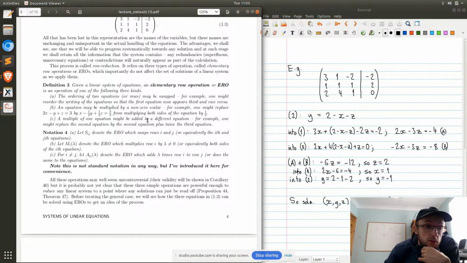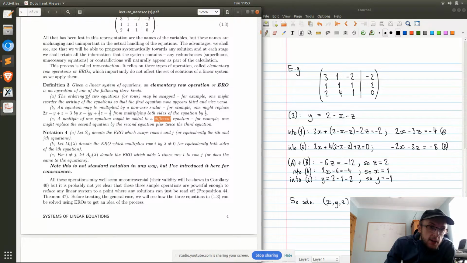If you relax this condition here, that it has to be a different equation, you can just add an equation to itself, and that's a scalar multiplication, isn't it?